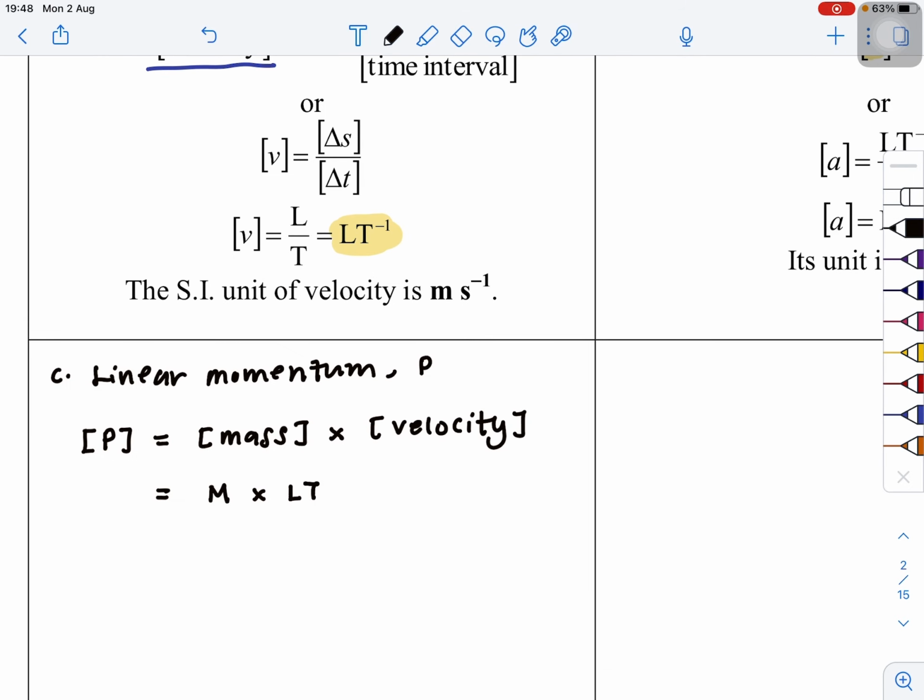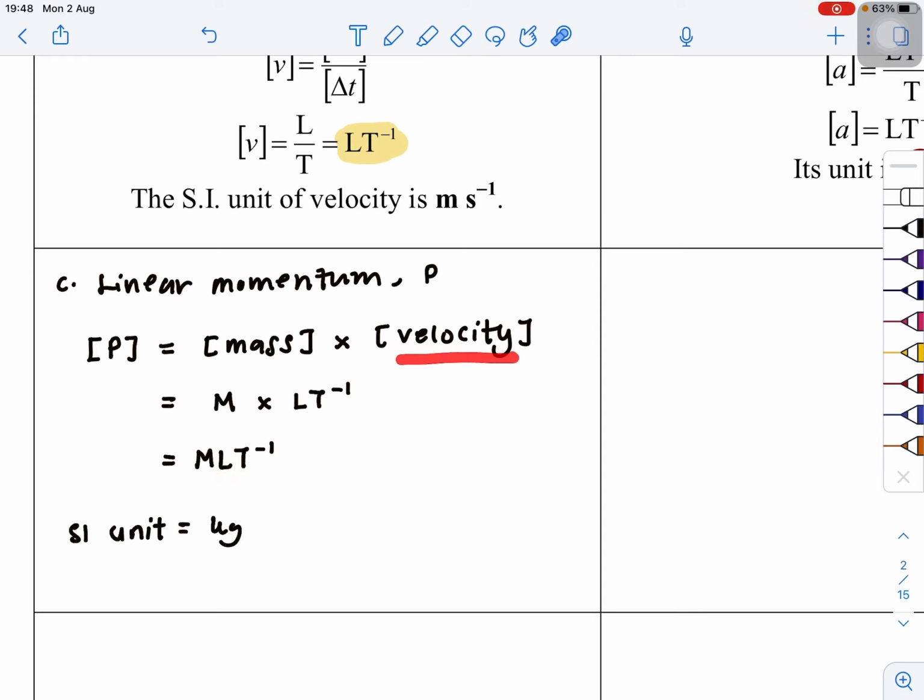So it is equal to M LT to the power of negative 1, di mana SI unit for momentum is kg, mass adalah kg kan, and then velocity punya unit, you just masukkan kg meter per second. So that is for momentum.